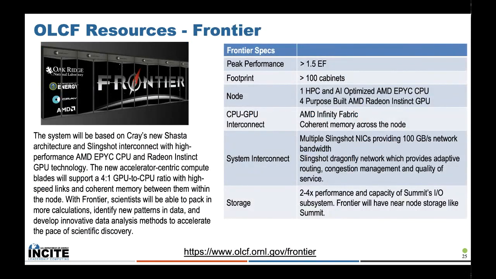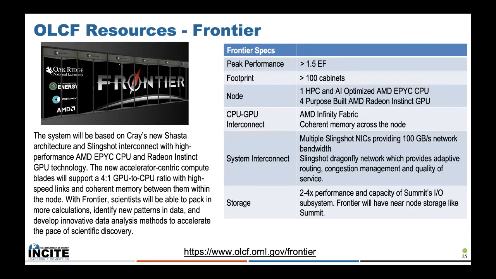So Frontier is coming up. It's our exascale machine. It's going to have peak performance of more than 1.5 exaflops, and it's an HPE Cray supercomputer with AMD architecture. Like Summit, Frontier is going to have heterogeneous nodes. They will consist of an AMD EPYC CPU connected with 4 purpose-built AMD Radeon Instinct GPUs.